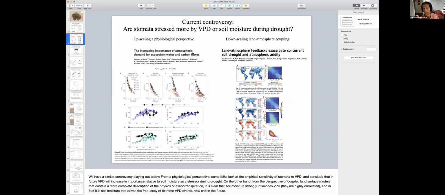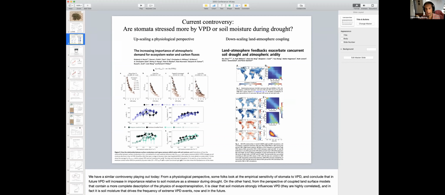So today, there's sort of a variation of this controversy going on where you've got a group led by Novick, and they're taking a very physiological view of the question of whether VPD or soil drying are the biggest problem going forward in drought. Which of these is going to stress plants more.